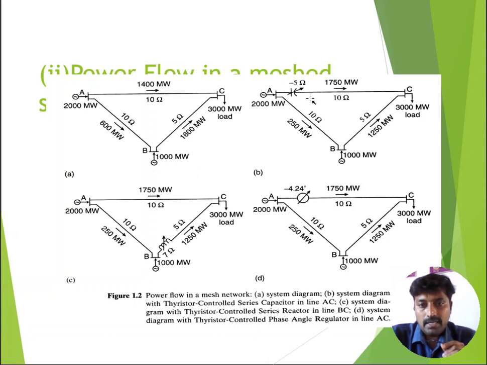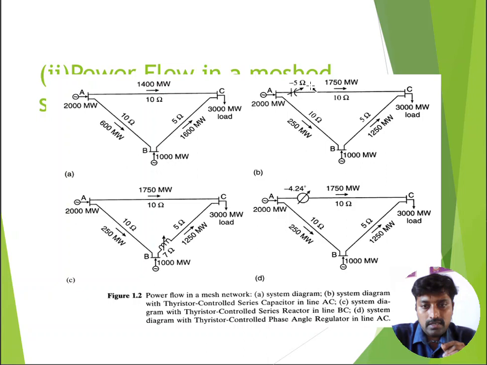This is one method. Otherwise, conversely, you can incorporate a variable inductive nature FACTS device in the BC line. Then the power flow in the BC transmission line is reduced, and from A to C it is increased. That is also possible.